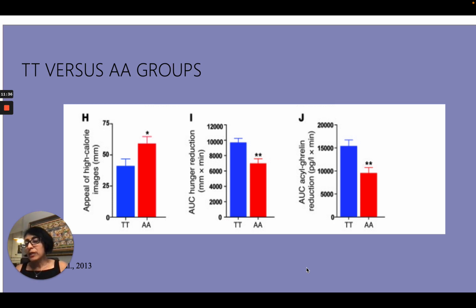They have higher levels of ghrelin and feel hungrier even after their meals, and their brains respond differently to ghrelin and to the pictures of food, is what this last graph shows. So when we're working with individuals who are with obesity, it's important to factor in genetics because we're treating the whole person.